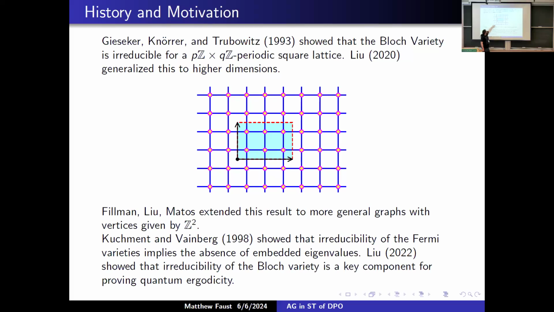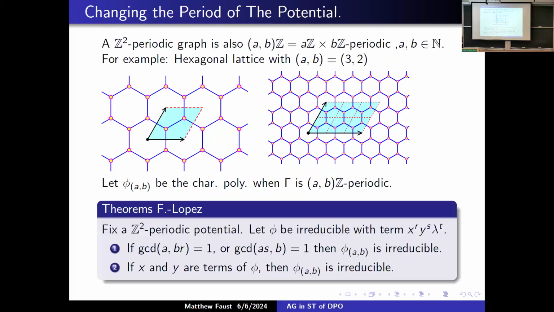You can add more edges, and there's some way to then find choices of changing your periodicity where everything's always irreducible. And that's something I wanted to emphasize. If we know there's some Z2 periodic potential such that this is irreducible, we're good in the case of generic irreducibility. But in a lot of these previous works, you can do much better.